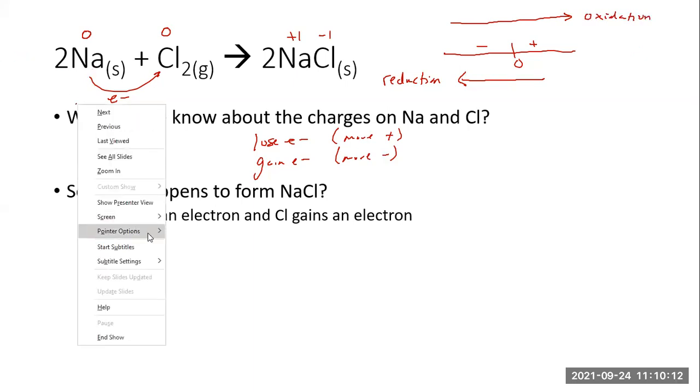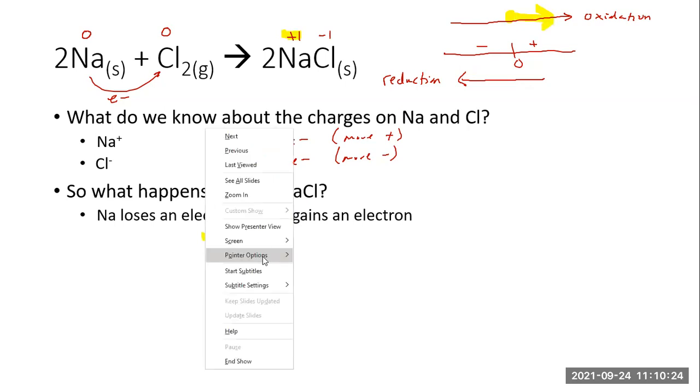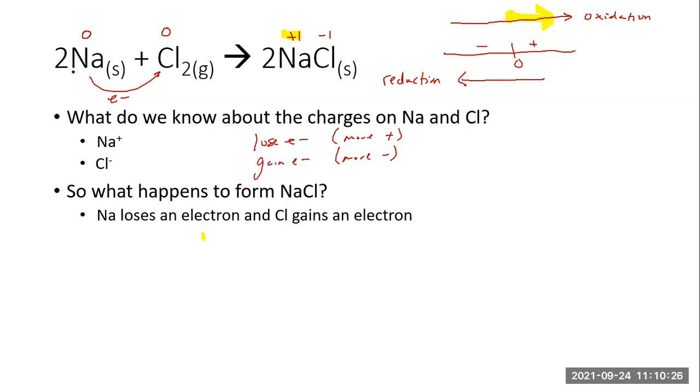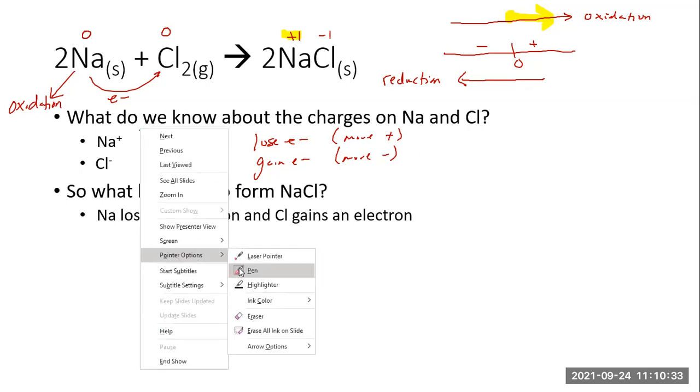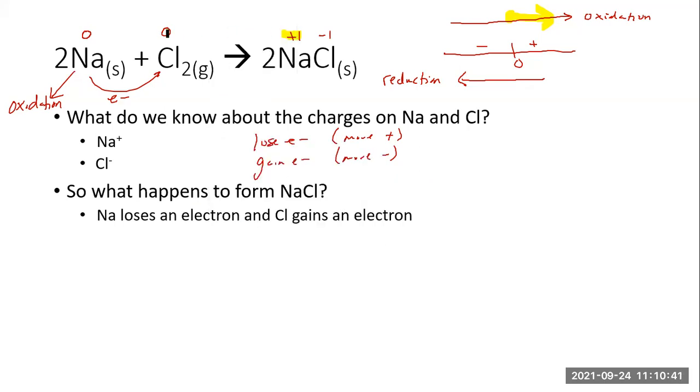So very simply, we could see what's happening with the sodium. It is starting at 0, which is here, and it's ending at +1, which means it's moving in this direction. So in this particular case, the sodium is losing electrons, and it is going through what is known as oxidation. The chlorine, on the other hand, if we follow what is happening with it on the number line, also starts at 0, which would be here.